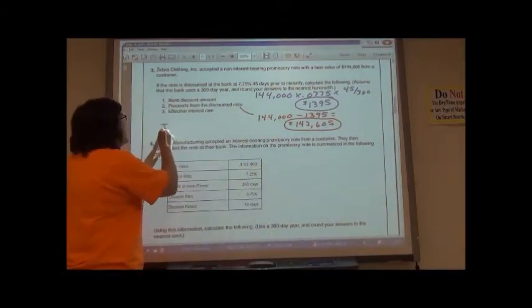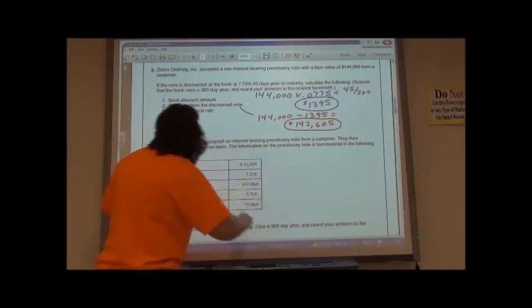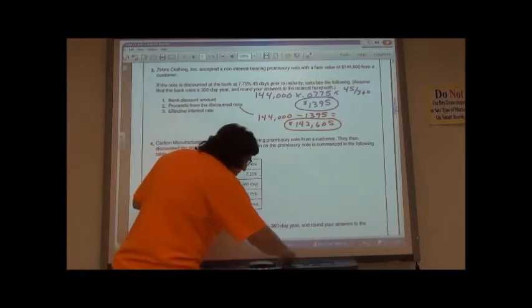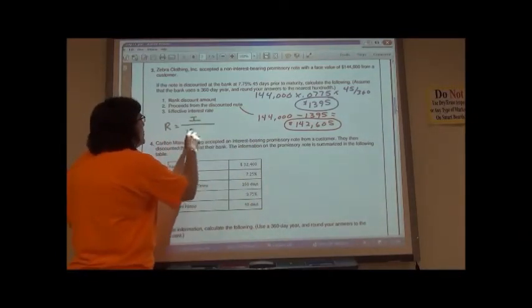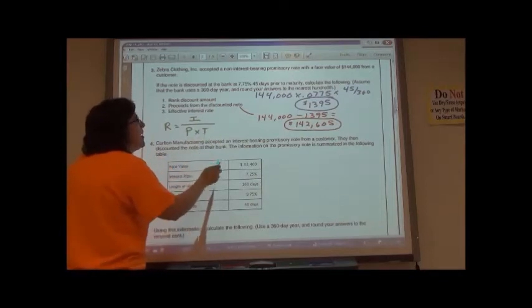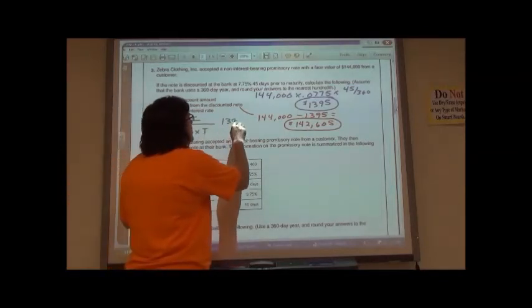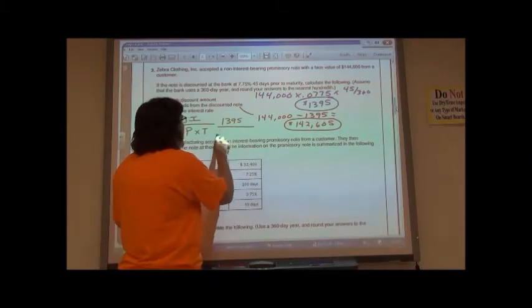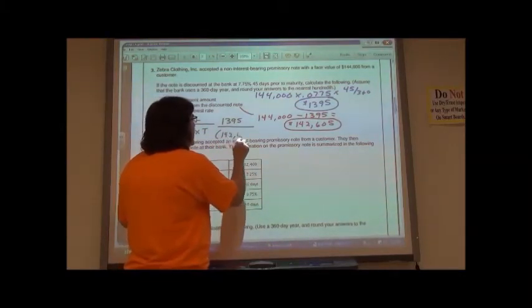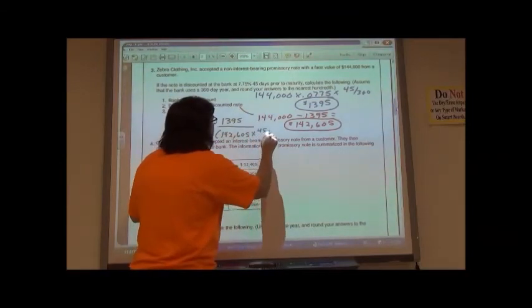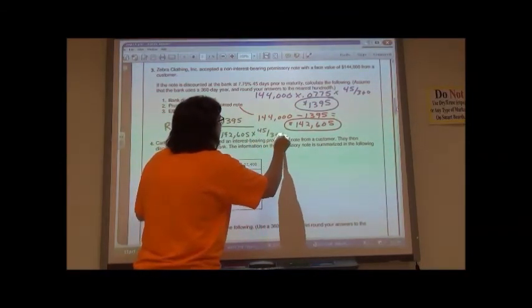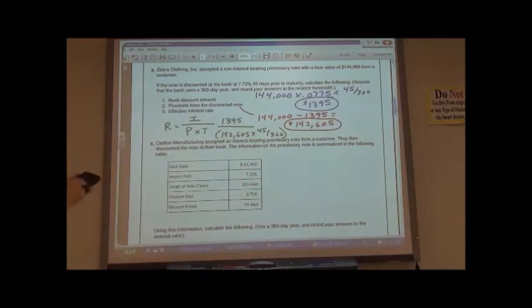So my effective interest rate is equal to the interest over the proceeds times the time. And so my interest would be the $1,395. My proceeds, the $142,605 times the time, 45 days early. So 45 over 360.